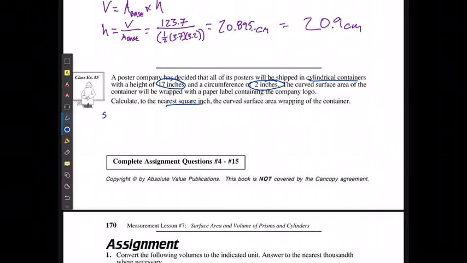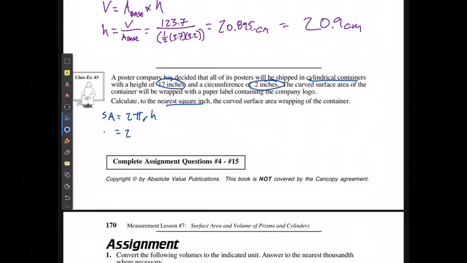So the surface area, just of the curved surface, not including the circles on the top and the bottom, is going to be 2 pi r h, which means that the surface area is going to equal the circumference times the height.